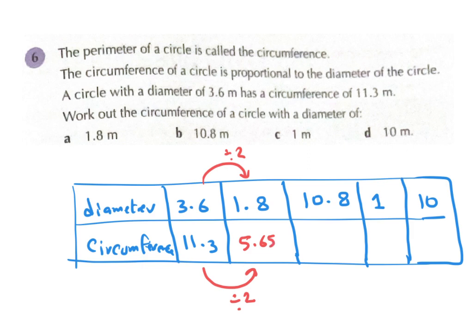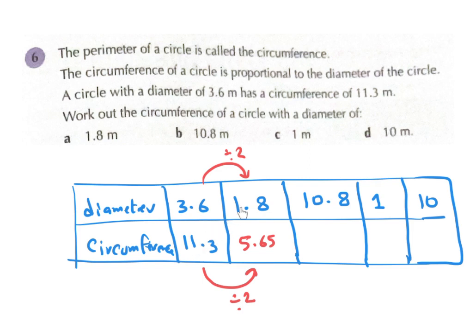We can find the answer by the cross multiply method. How to find the same answer with the cross multiply method? Multiply 11.3 times 1.8, then divide the answer by 3.6. Do it now.